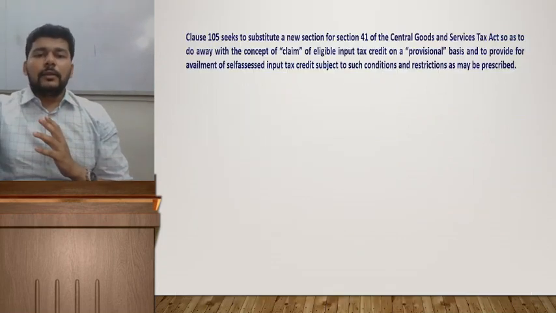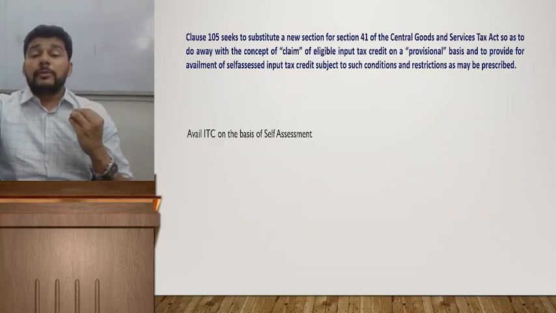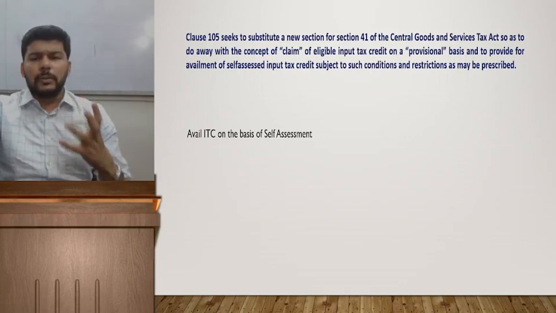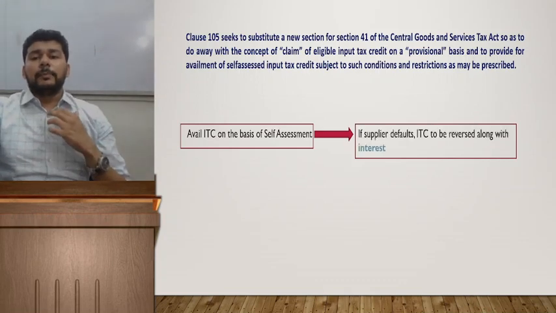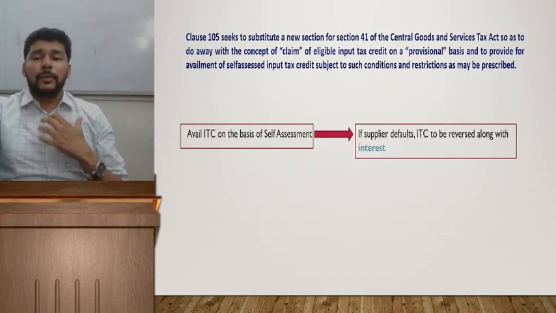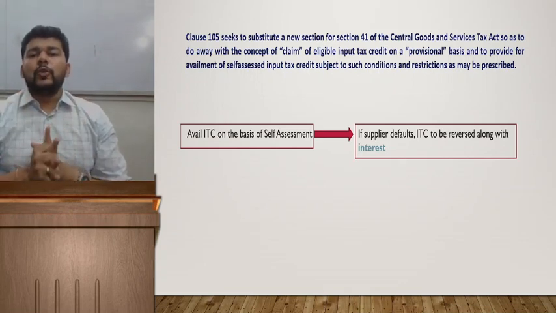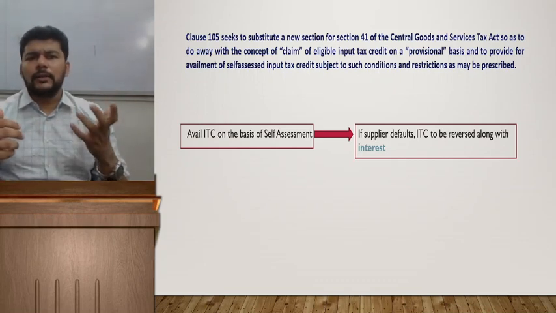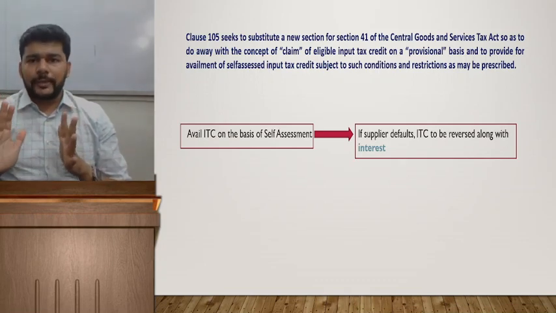And the next amendment is again something which is going to make a big impact. Now let's say that I have availed input tax credit on some purchases on the basis of self-assessment, and subsequently it appears that a vendor has not made a tax payment. Let's say in the month of October 2022, I make some purchases. In the month of November, I can see that purchase in the GSTR 2B, it is not in the restricted category, and I have availed the input tax credit.